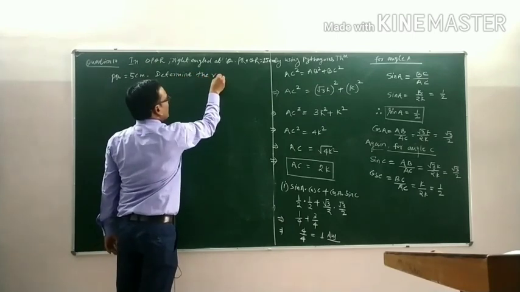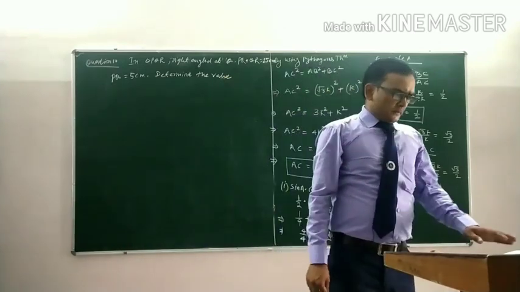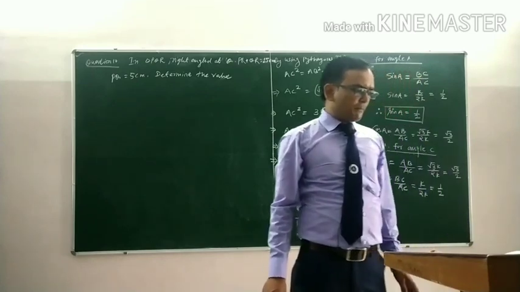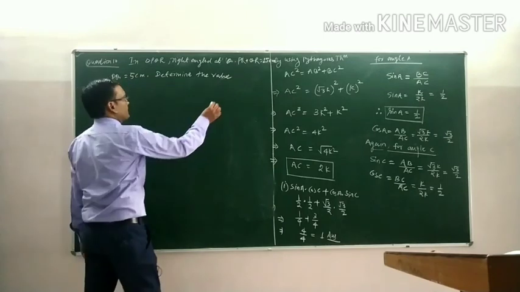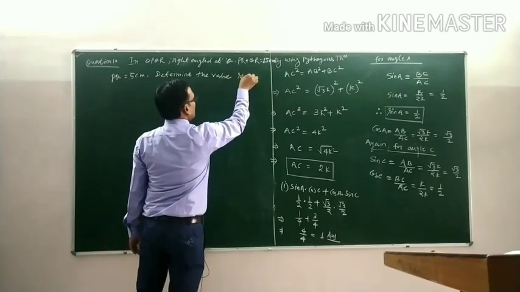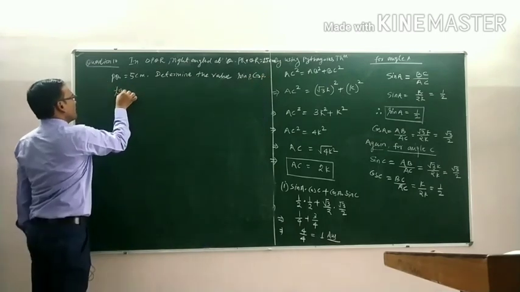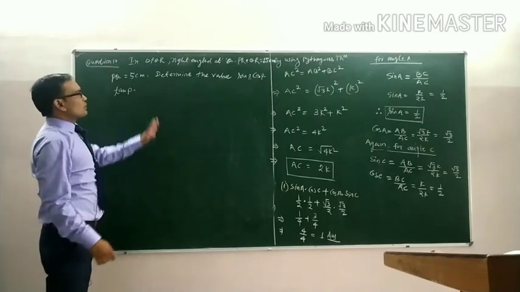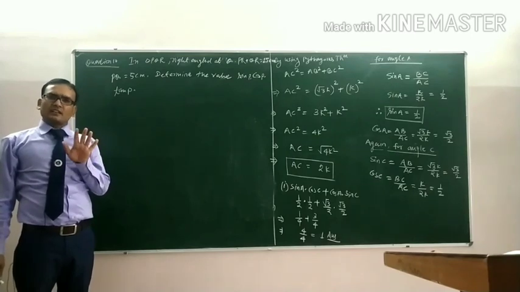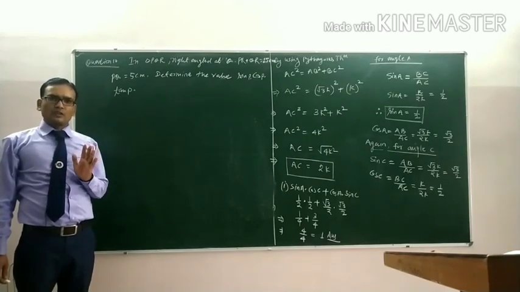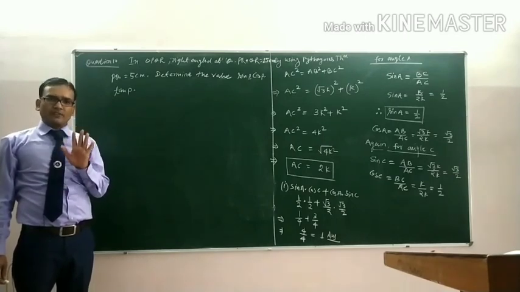Determine the value of sin P, cos P, tan P. In this question it is given that PQR is a right angle triangle at Q, PR plus QR is equal to 25 centimeters.